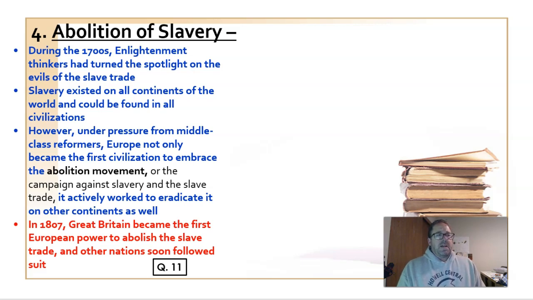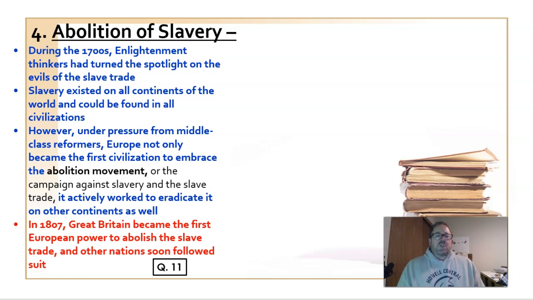If we look at John Locke, who is an Enlightenment figure, and the idea that humans are born with natural rights, right? Life, liberty, and property, and that they can't have those taken away from them arbitrarily. One's liberty is an Enlightenment ideal, and that should fly in the face of slavery.